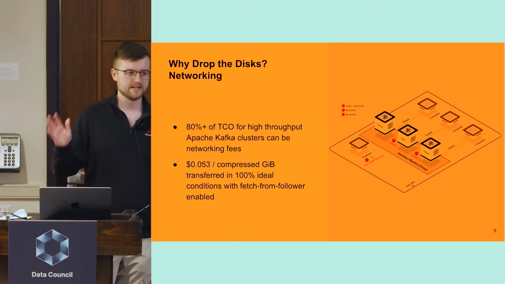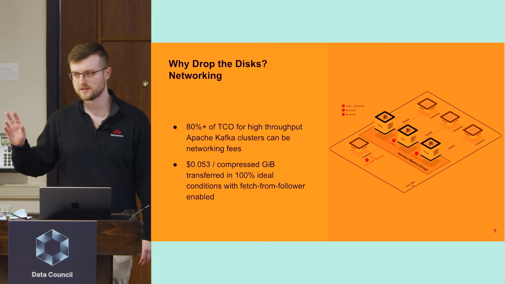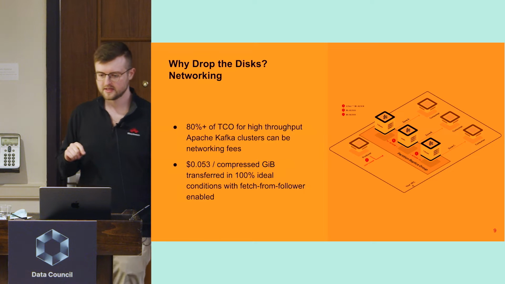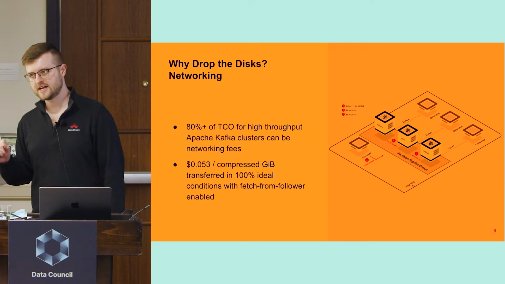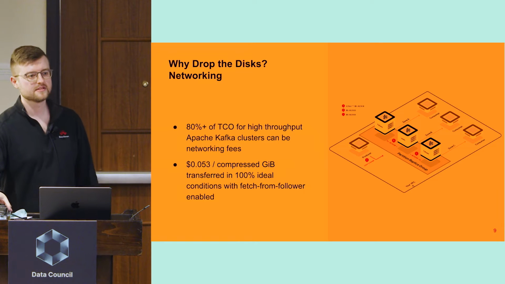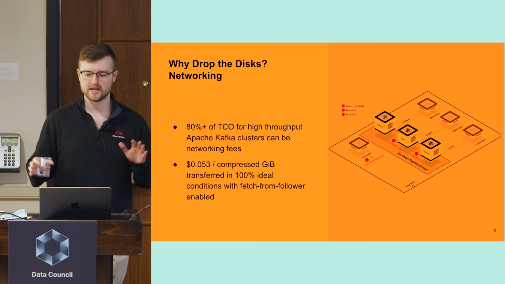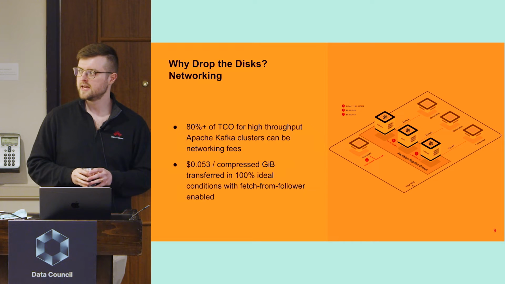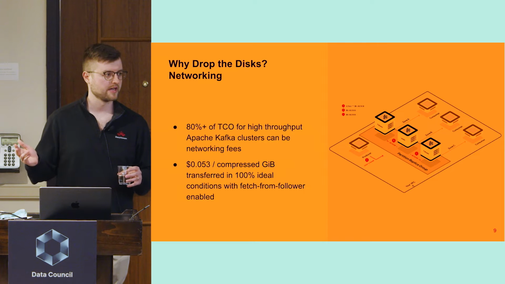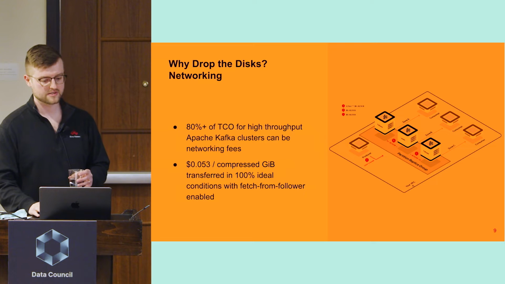Like in the ideal situation I described before, where all the consumers are using fetch from follower, it's 5.3 cents per gigabyte that you send through Kafka. And it sounds a little crazy, but that's like the same cost as storing that data in S3 for 2 months. So something is way out of balance there. And with S3, you don't pay for interzone networking. So that cost essentially just goes to zero if you use S3 for all your storage.